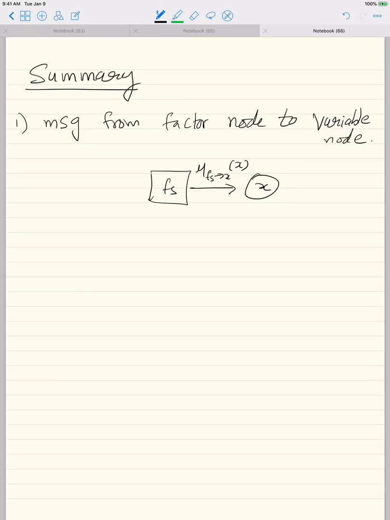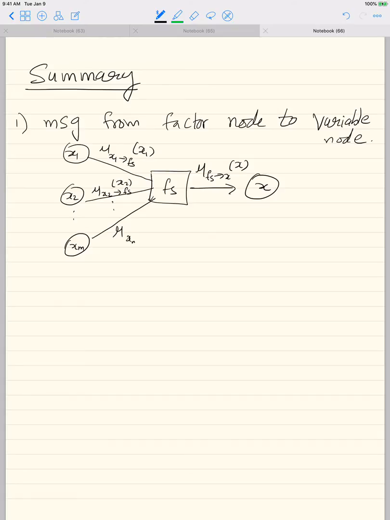The way it works is we look at all the other variable nodes connected to this factor node. We look at mu x1 to fs of x1, mu x2 to fs of x2, up to mu xm to fs of xm.